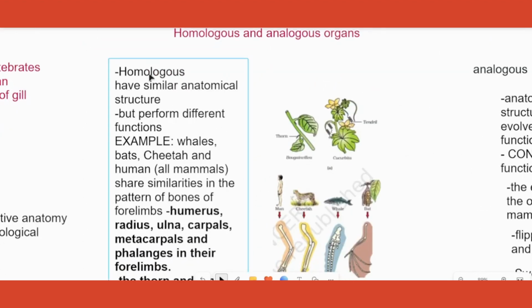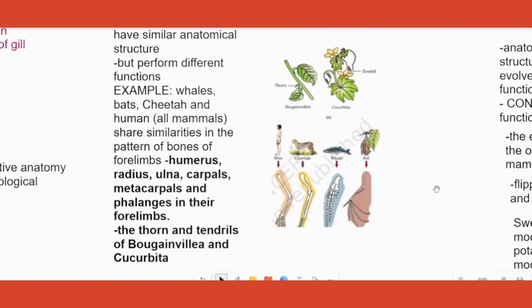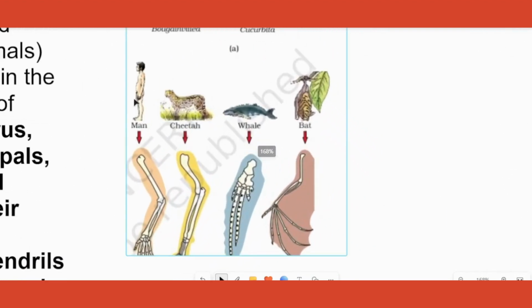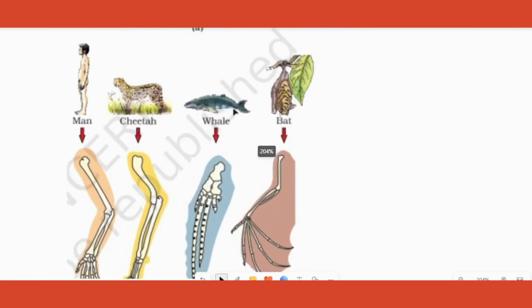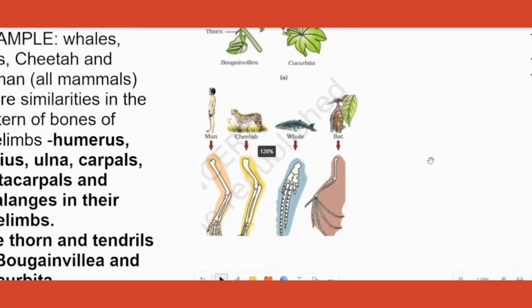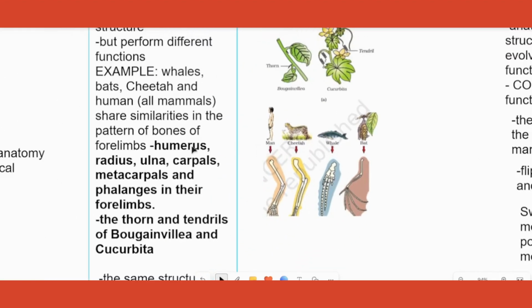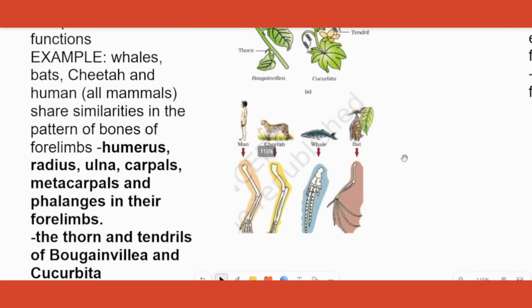What does that mean? There are certain structures, for example, human, man, cheetah, whale, bat, all of them, the forelimb, the front limb has all these, that is humerus, radius, ulna. You have learned this in grade 9 biology. All this in the same sequence is found in all of these organisms in the forelimb.